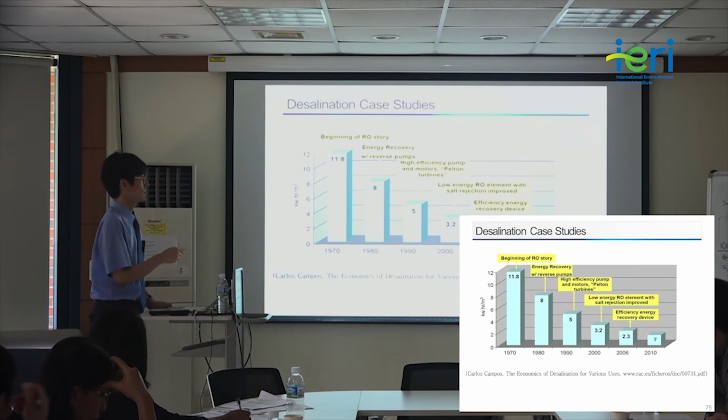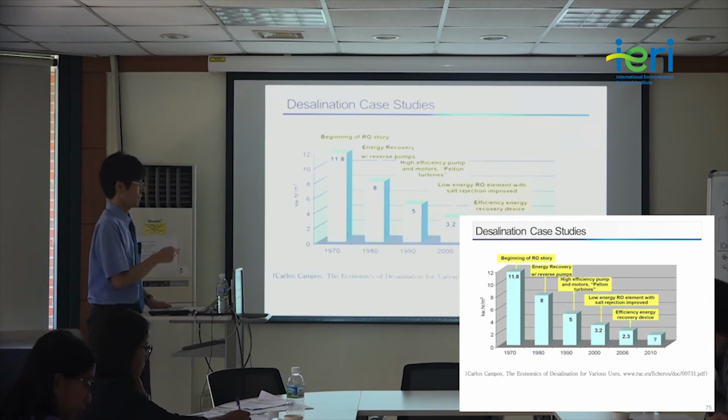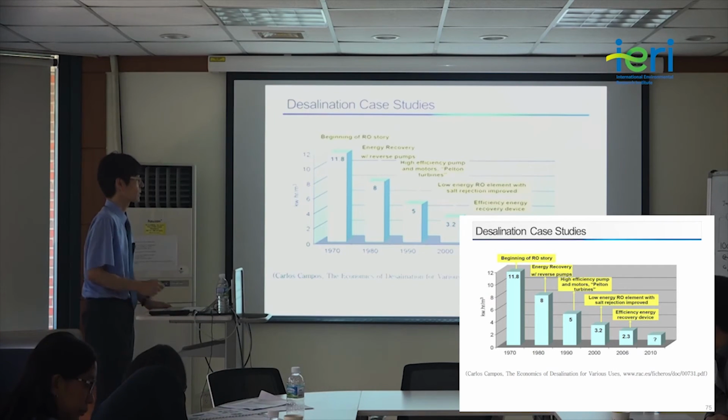So that actually changed a lot to give lower energy consumption. Together with that, an energy recovery device based on the Pelton turbine was introduced at that time. So another 3 kilowatt hour per cubic meter was saved by introducing these new technologies.